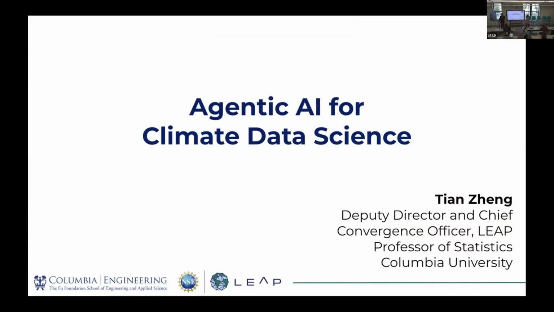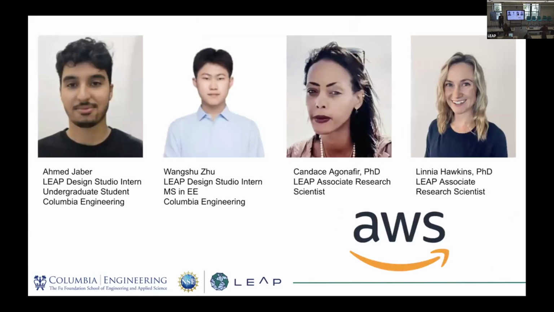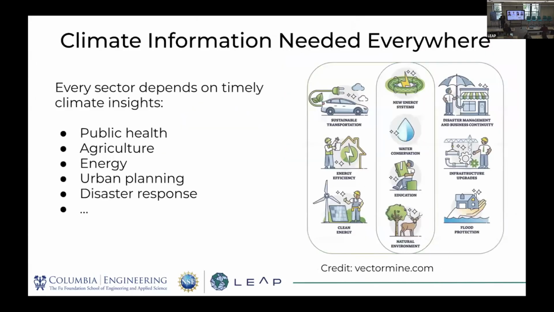Okay, so very excited to be here and to present our recent work on agentic AI for climate data science. And this is our team from LEAP, and we're also in collaboration with AWS to make this possible. And in particular, because this is an event jointly with Columbia Engineering, I'm very proud to share that this work was driven by two very bright students from Columbia Engineering School.